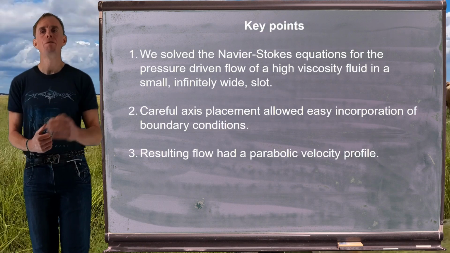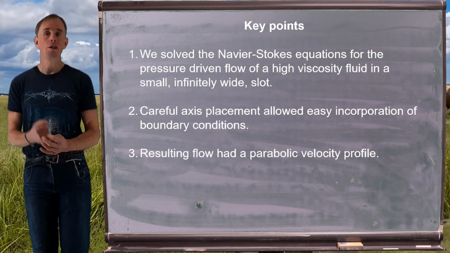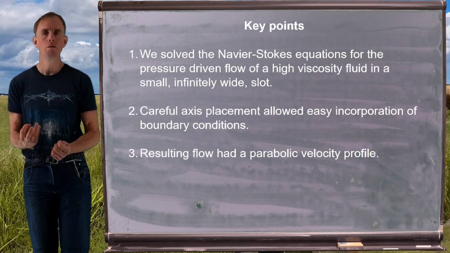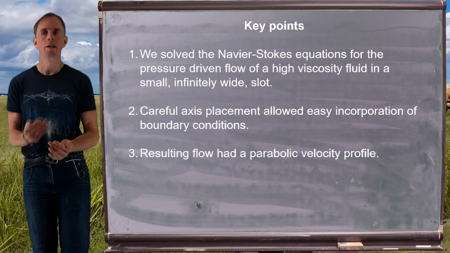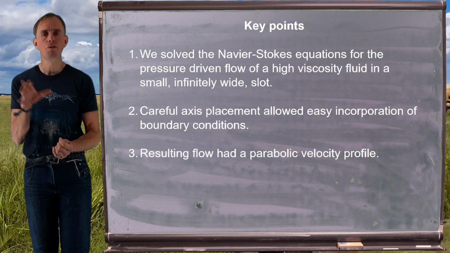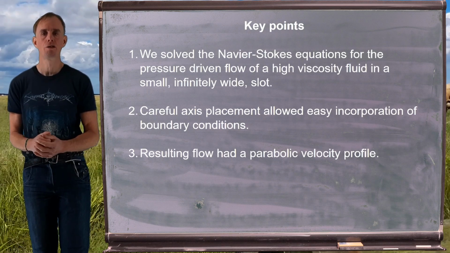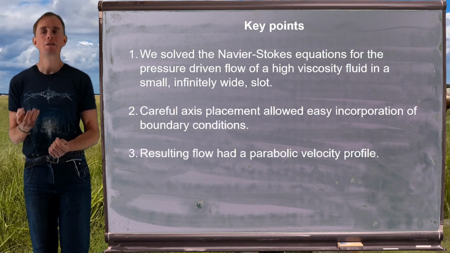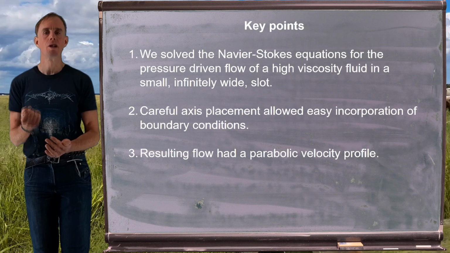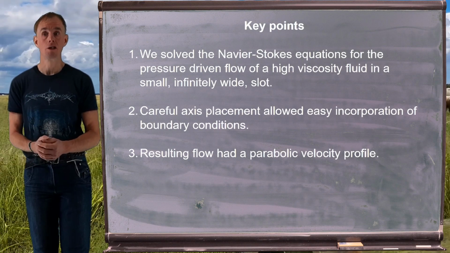So let's recap a few key points. We've solved the Navier-Stokes equations for a pressure-driven flow of a high viscosity fluid in a very small, infinitely wide slot. We applied this four-step protocol to simplify the Navier-Stokes equations, and we carefully placed our axes to allow easy evaluation and incorporation of boundary conditions.